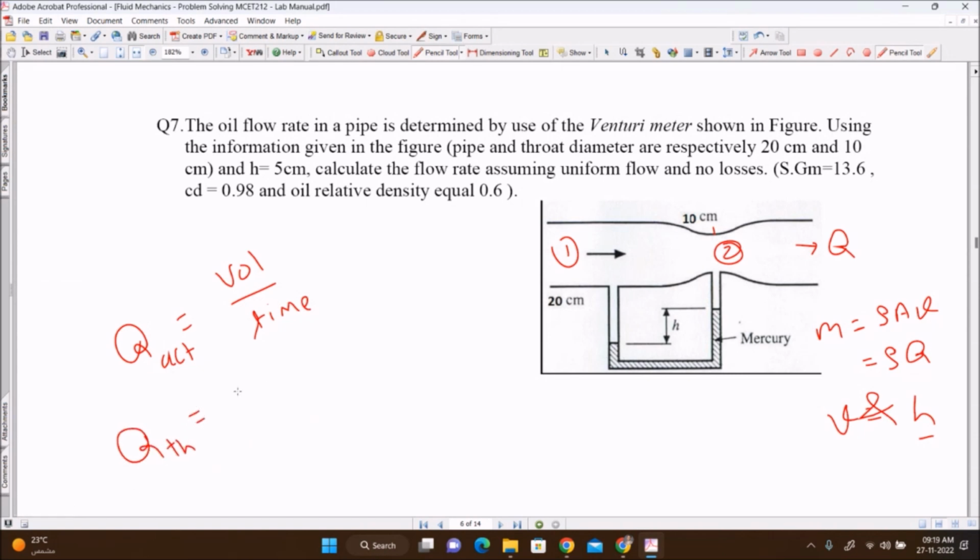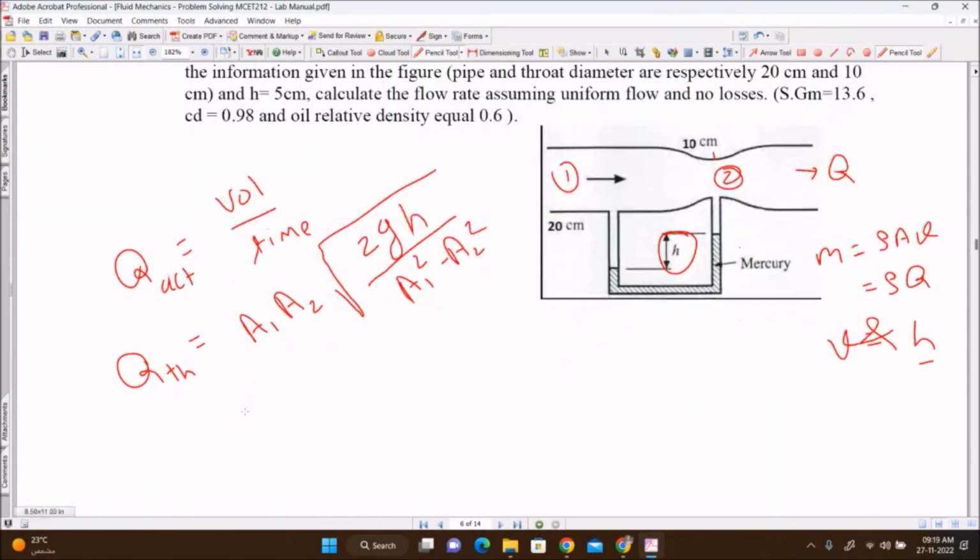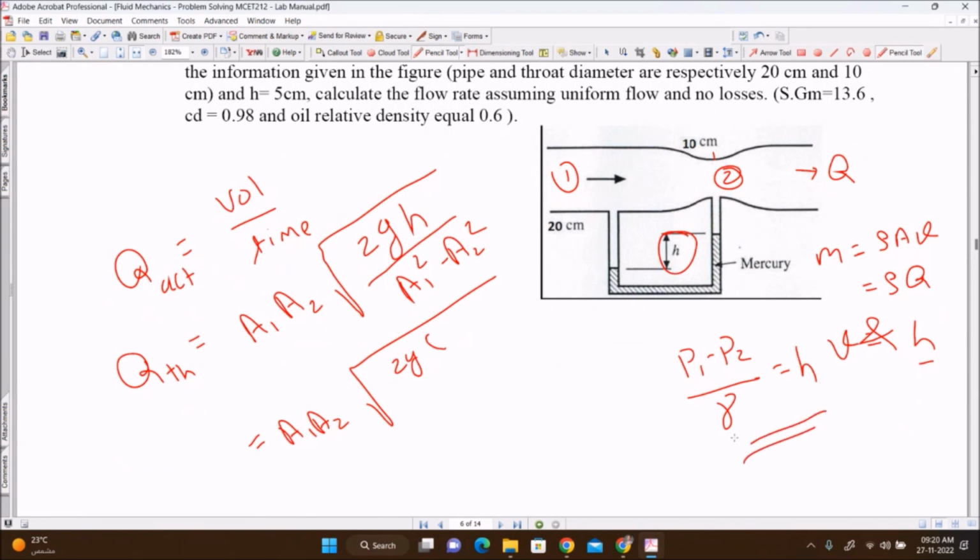That theoretical discharge is given by the area at inlet, area at outlet, under root 2g times the manometric height H, divided by A1 square minus A2 square. By applying Bernoulli's equation, you will get this equation.